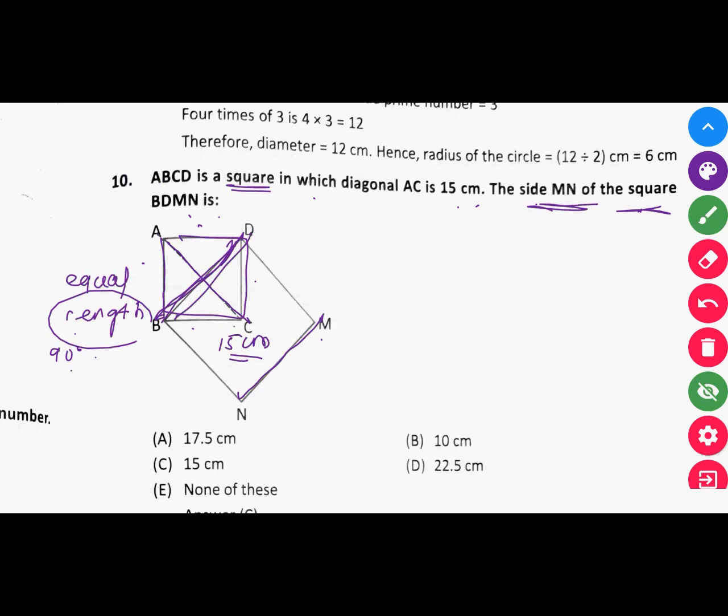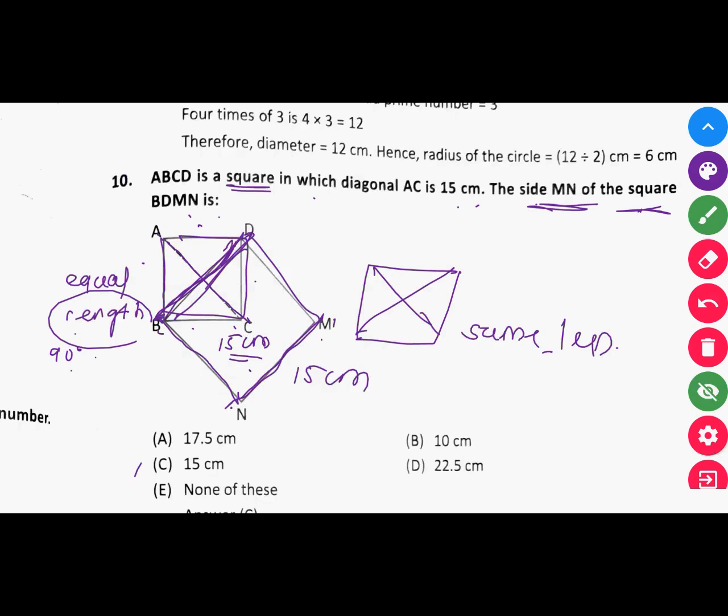If AC is 15 centimeter, BD is also 15 centimeter, because it is a square. So its two diagonals are of same length. Now BD is 15 centimeter and BDMN is also a square. So side MN is 15 centimeter. So your answer is answer C.